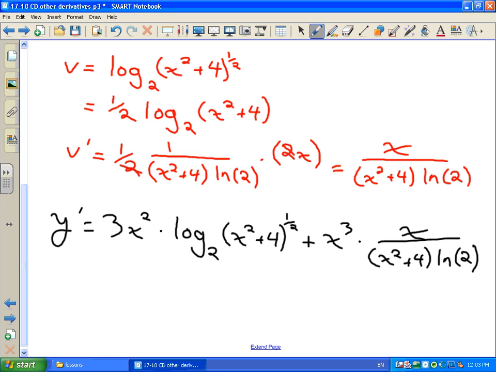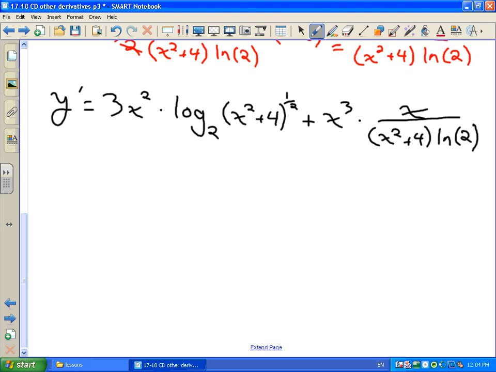And then let's look to see if anything can factor out of here. What can we factor out? Well, we've got x squared in the first term. We'll have x to the power of 4 in the second term when we do the x cubed times the x. So we can factor out x squared. Let's bring down the 1/2.